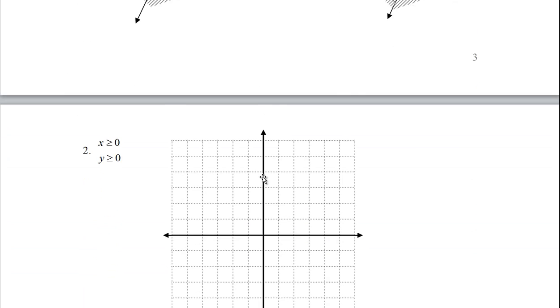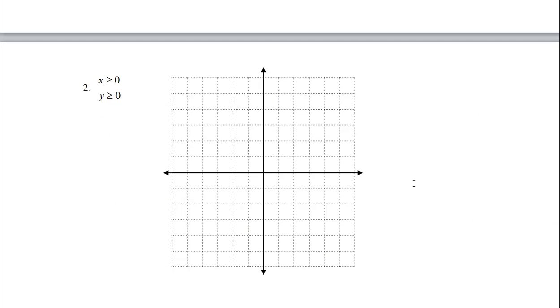Now I need to look at this one. In this particular one, this is something that's going to pop up a lot. These are two special ones, and we need to know about these. First one, I've got x is greater than or equal to 0. If I make this an equation, I'll have x equals 0. X equals 0 is a vertical line, which technically is your y-axis.